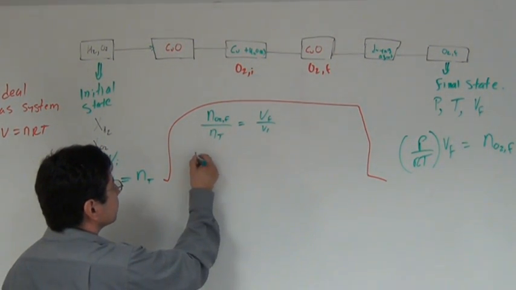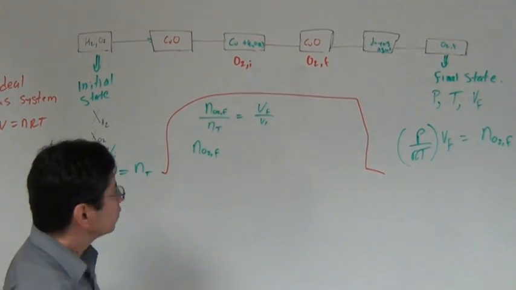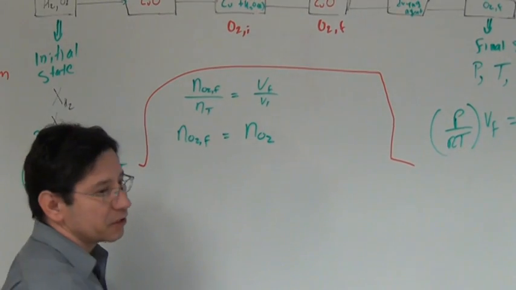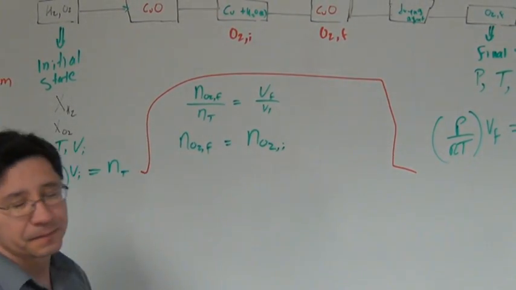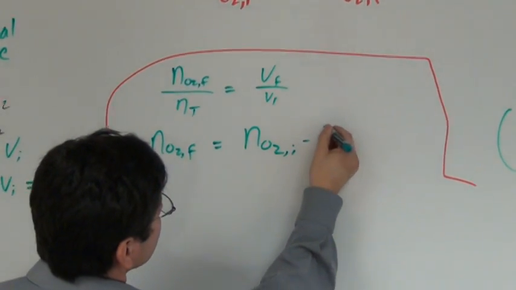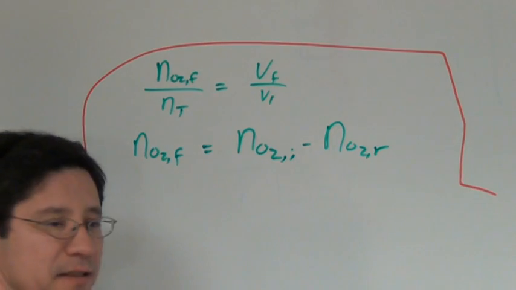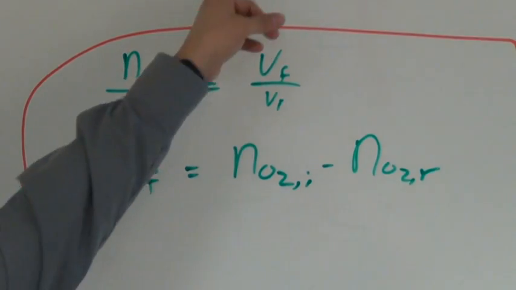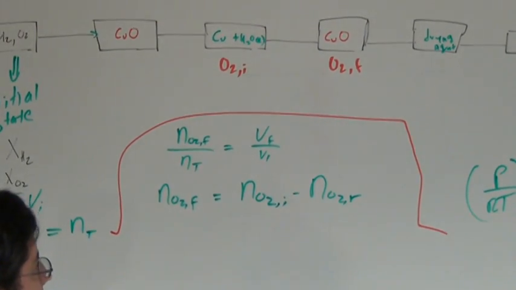Well, N_O2F should be equal to the number of moles of oxygen that you have originally. Let's use I for initial state, minus the number of moles of oxygen that reacted. Let's use R for the number of moles of oxygen that reacted in this stage of the process.